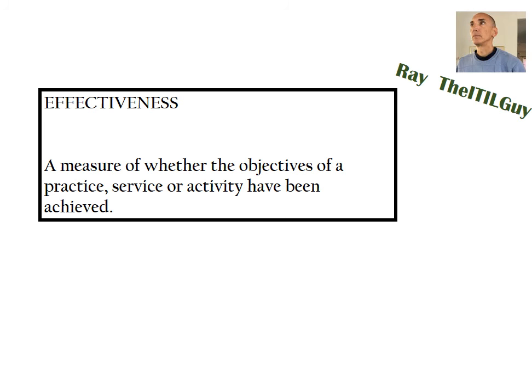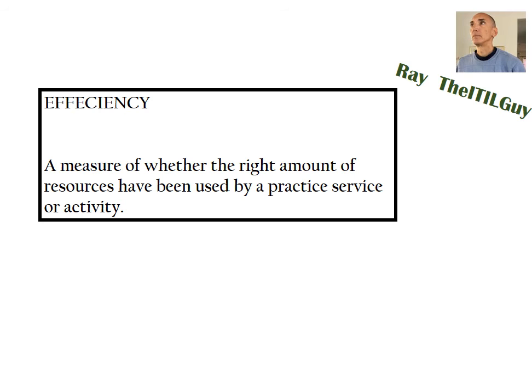What is effectiveness? What is efficiency? Efficiency is a measure of whether the right amount of resources have been used by a practice, service, or activity. What is emergency change?